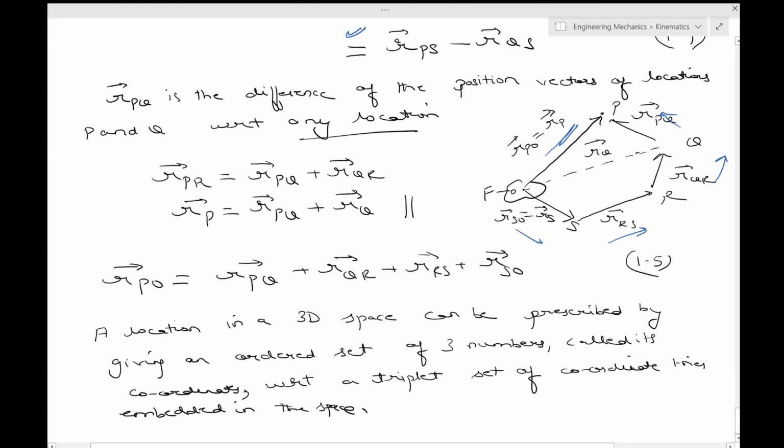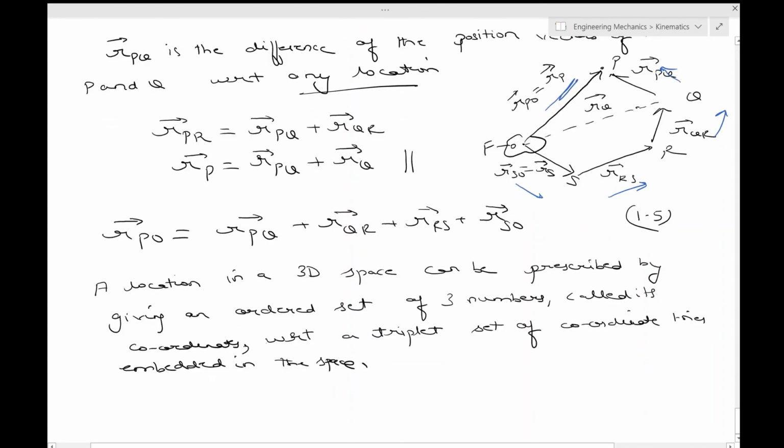So these lines can be either Cartesian xyz, or polar r theta z, or spherical r theta phi, but then there will be three coordinate lines.